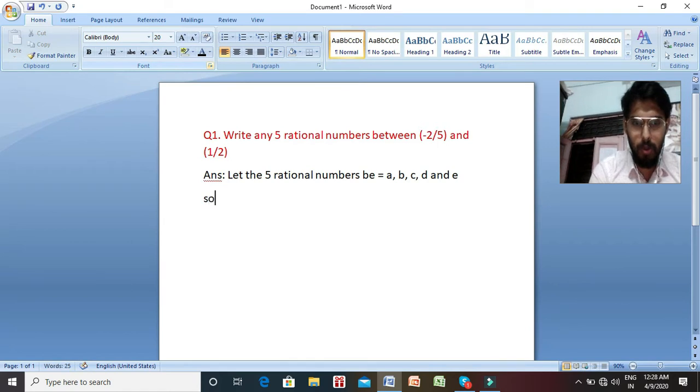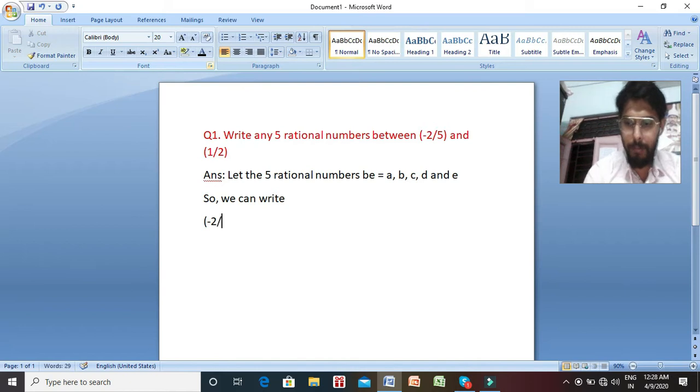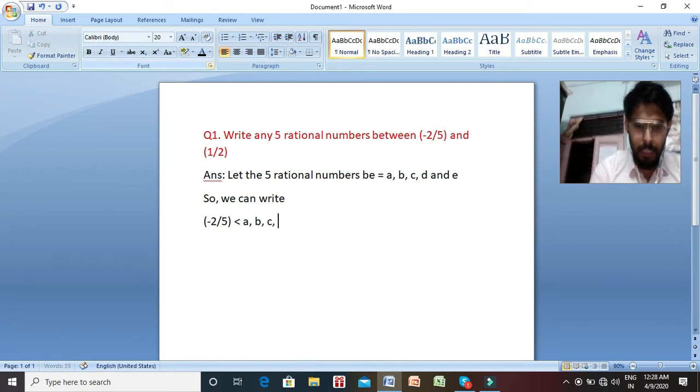So what we can write here is -2/5 is less than A, then B, then C, then D, then E, less than all of these, right?